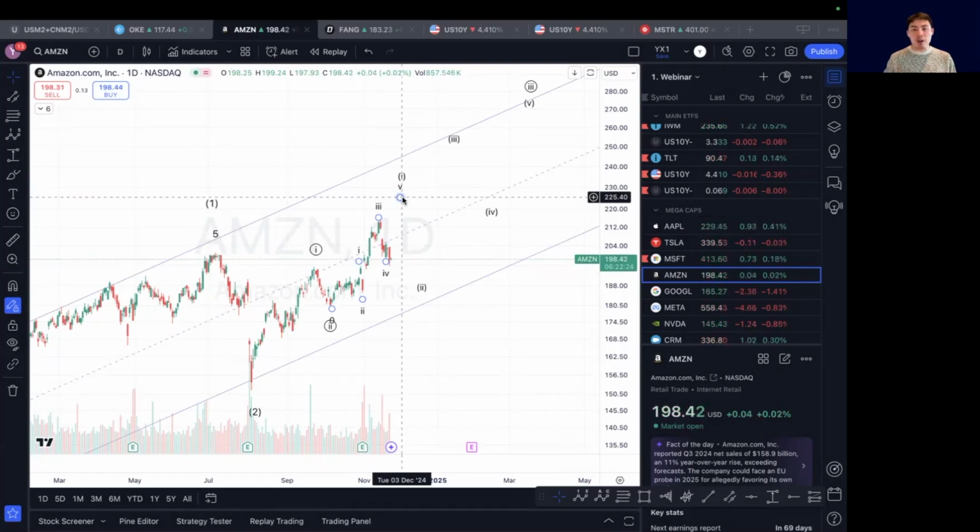Together, my fair value for Amazon is about 230 in stock price, and that lines up quite well technically with this wave 1 high. So we've had a retrace wave 4 and the next up is wave 5. If I'm wrong and if I were to enter a trade here, I would put a stop at this wave 2 low. So I'm actually right now considering opening up a trade idea on Amazon.